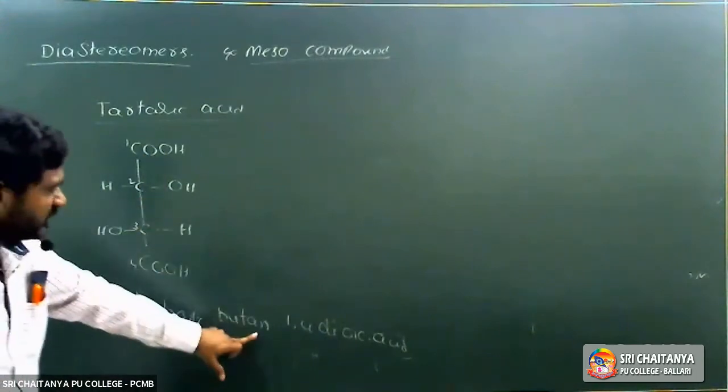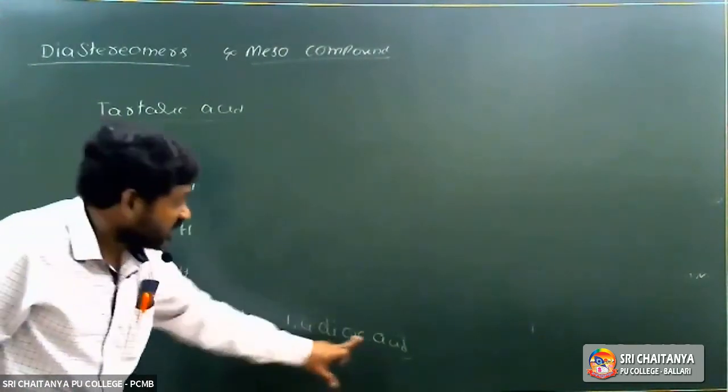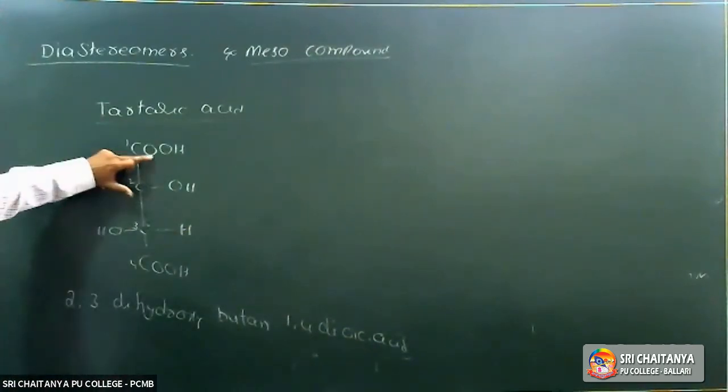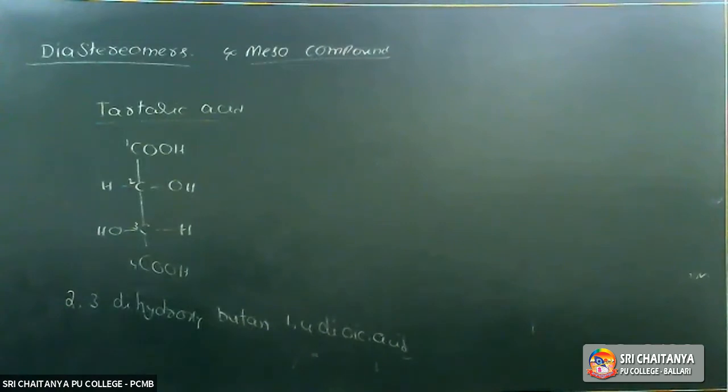The root word contains 4 carbons, meaning butane. Dioic acid: these carboxylic acid groups are present at the first and fourth positions. So 2,3-dihydroxy butane-1,4-dioic acid is commonly called tartaric acid.